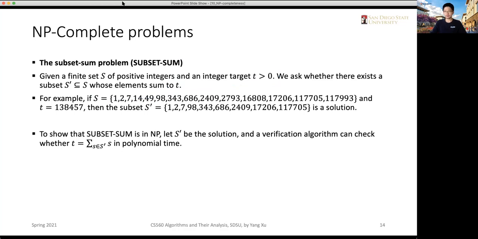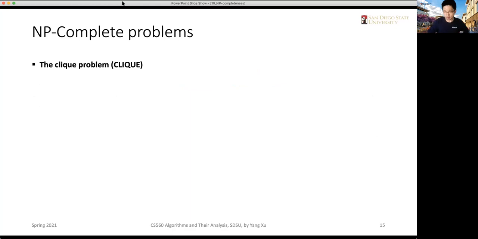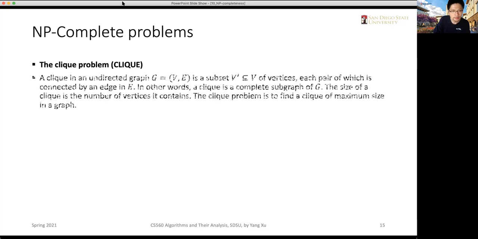All right, and I have two more examples left. The following two examples are both graph problems, and they are quite related. The first one is called clique. A clique is defined on an undirected graph, and it's a subset of the vertices where each pair of the vertices is connected by an edge. If that's satisfied, then we say this is a clique, and the problem is to find a clique of maximum size in the graph.